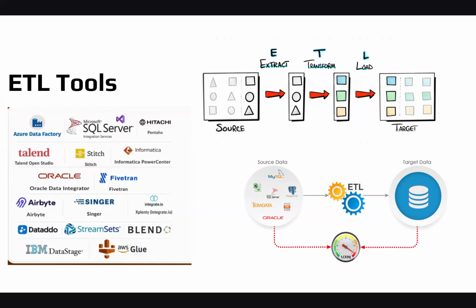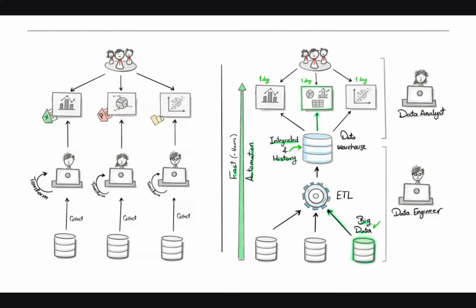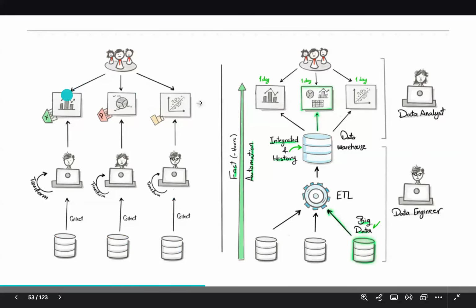So what will happen if I'm not using ETL or a data warehouse? Assume you are storing multiple information in multiple databases. If you want a report, the developers can easily generate it by transforming it to the required tables. But if you want the data from these three tables, it's very hard to merge.